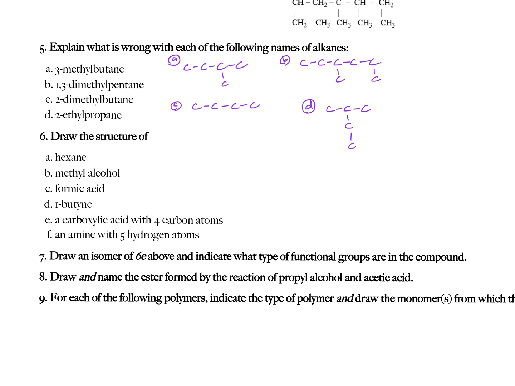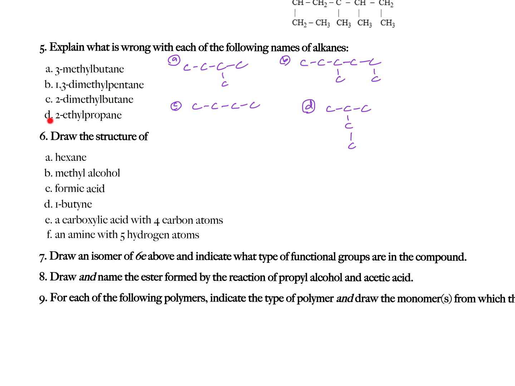Then you can number it from either that side or this side, and you should number it from this side because that'll give me 3-methylhexane versus 4-methylhexane. So by mistakenly thinking this is a branch, they mistakenly gave it the wrong base name, pentane, when actually this is a 6-carbon chain. It is a hexane.